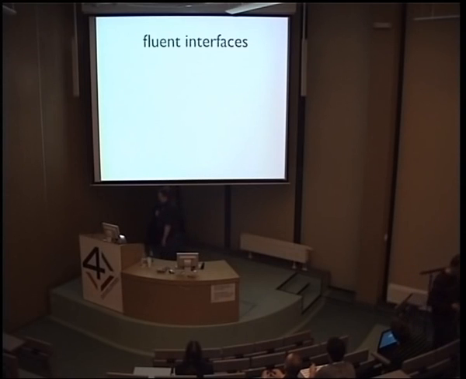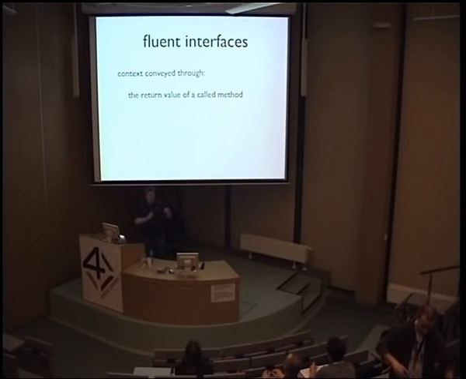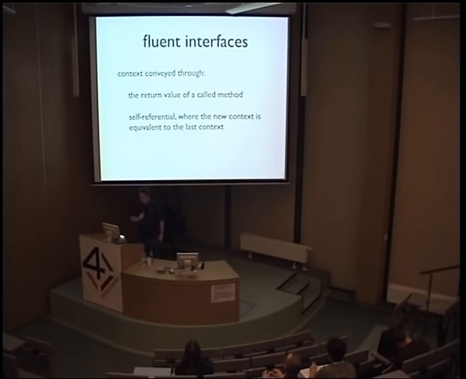So in fluent interfaces, context is conveyed through either the return value of a called method, self-referential, where the new context is equivalent to the last context, or with a wrapper, either nested or functional specification. And we're going to look at examples of all these guys as we go along.